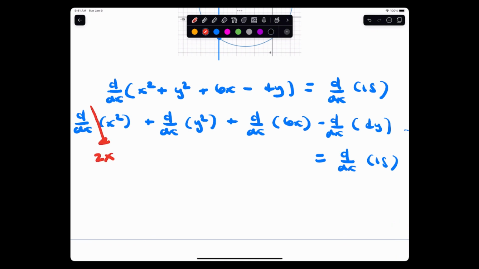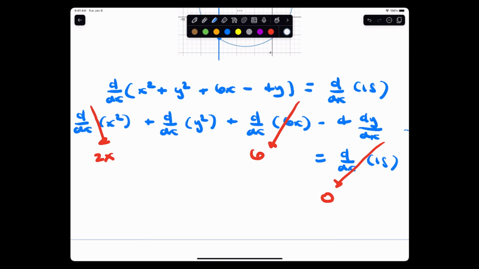That's 2x. If I differentiate 6x with respect to x, that's 6. If I differentiate a constant, that is 0. And then over here, I'm going to pull out the constant, 4, and now I have dy dx there.